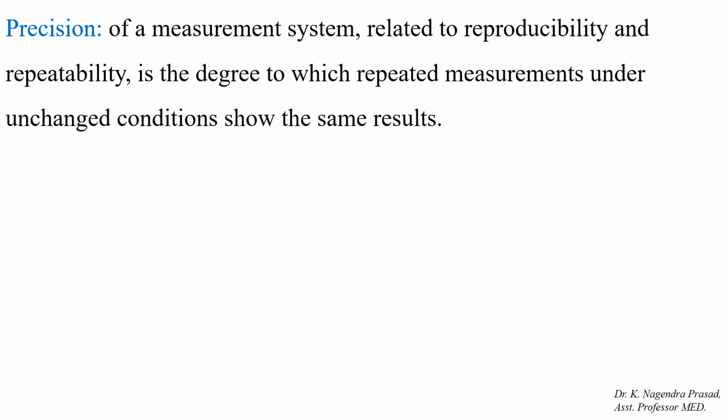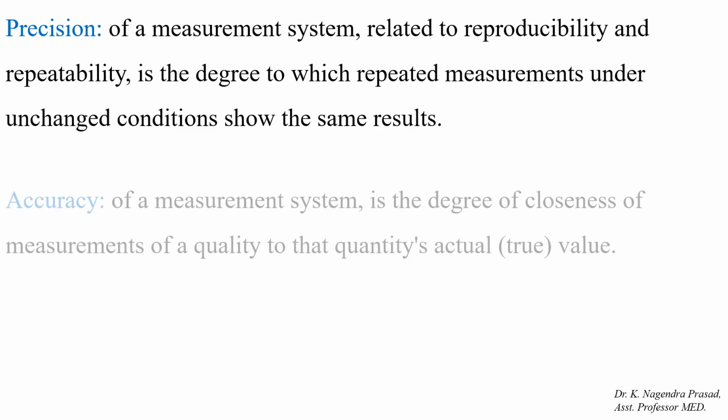Precision of a measurement system is related to reproducibility and repeatability, which means precision is the degree to which repeated measurements under unchanged conditions show the same results.